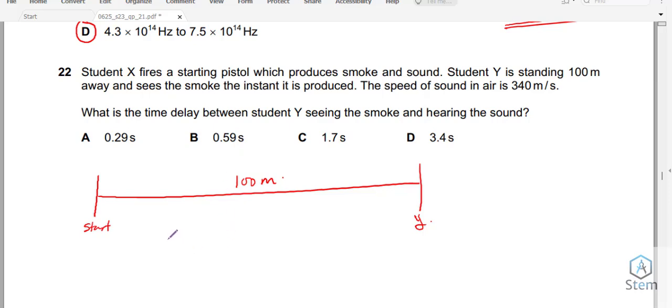We are going to say time is going to be distance over speed, and that is 100 divided by the speed given here, which is 340. We punch in our calculators, and our answer would be A.